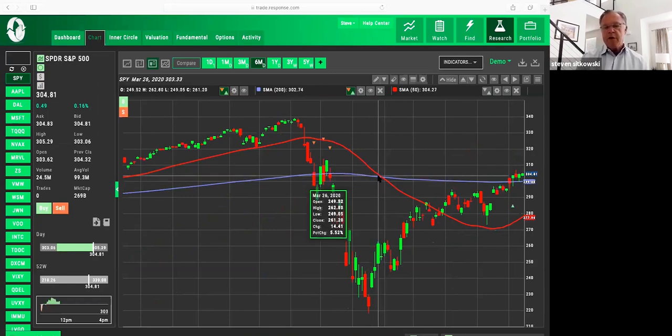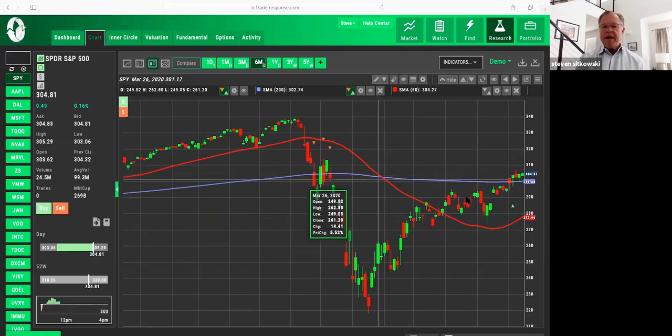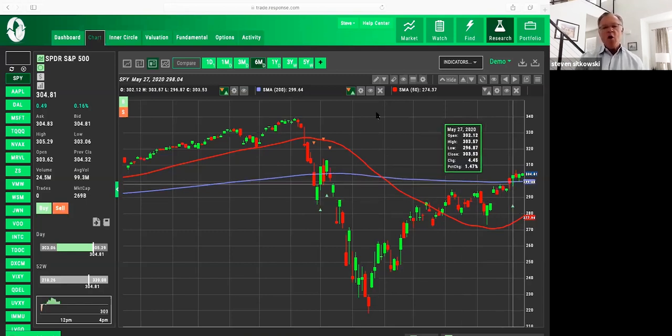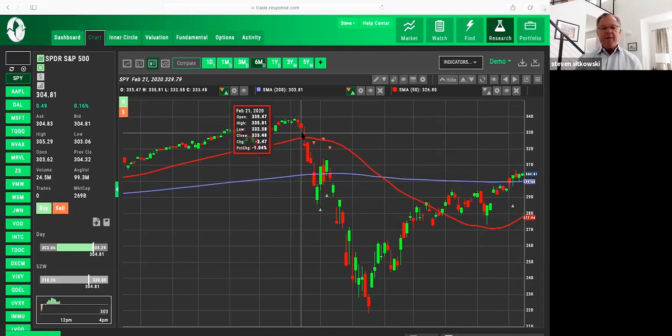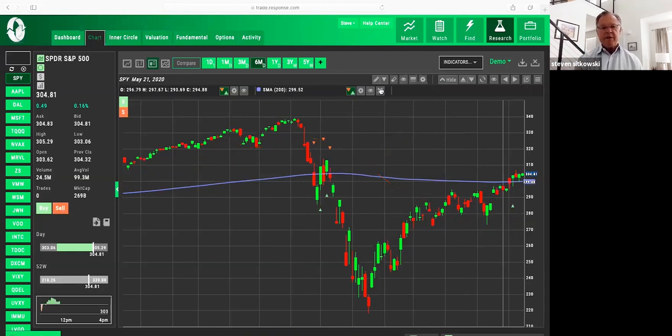Okay, so 200 days in blue, 50 days in red. And notice it crossed above the 50-day before the 200-day, and crossed below the 50-day before the 200-day. So most traders would be more inclined to use a 50 than a 200. The 200 would be for an institution. Does that make sense to everybody?